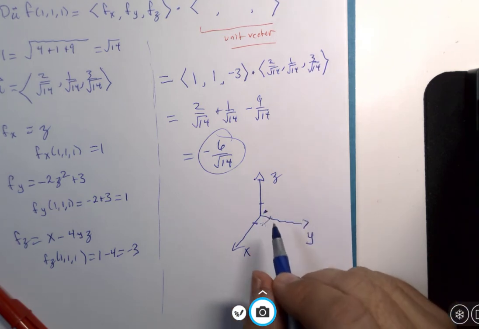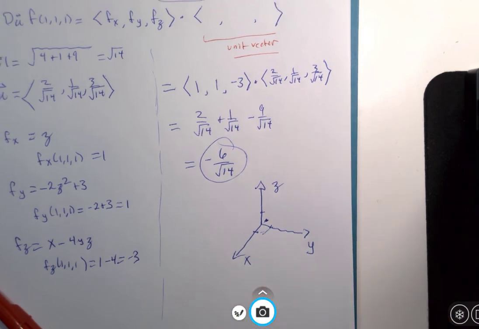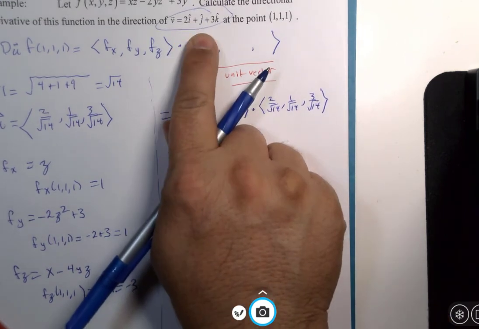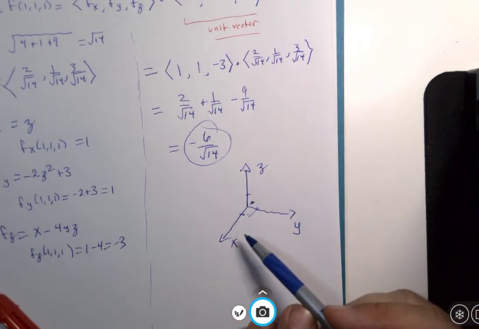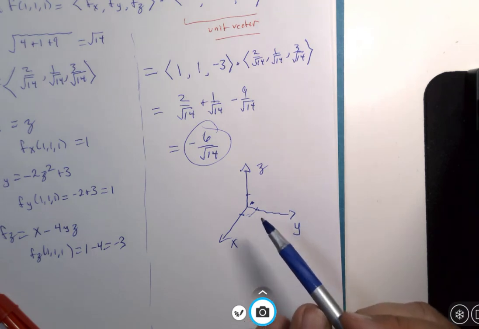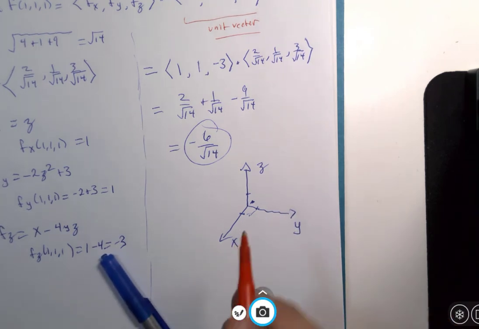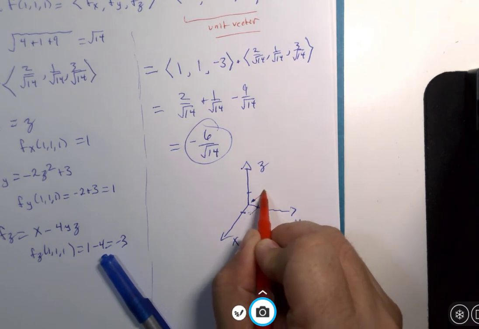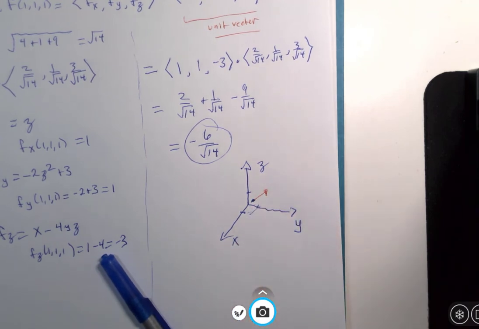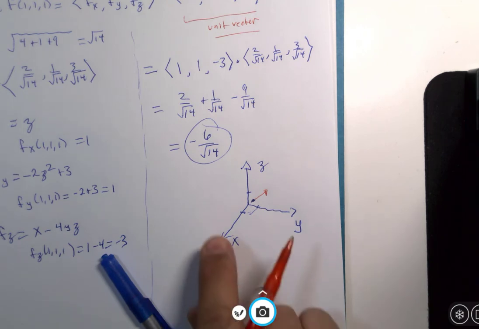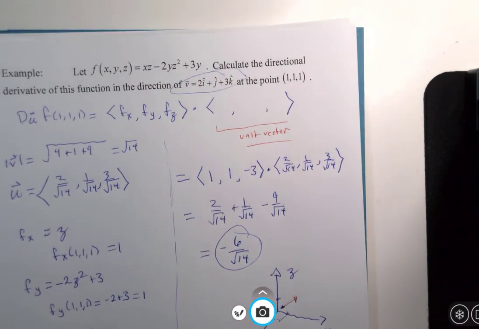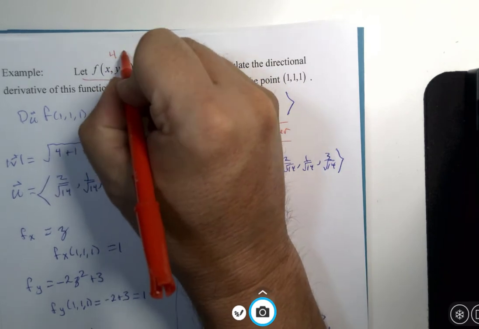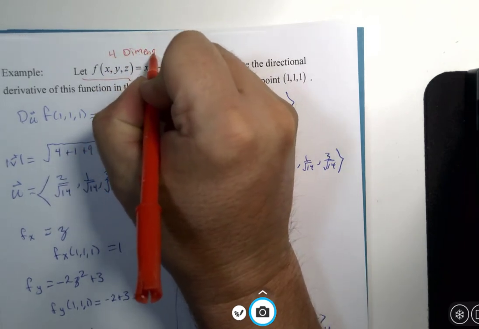Now, from that point, I want you to aim in the direction of 2, 1, 3. 2 units in the x direction, 1 unit in the y direction, 3 units in the z direction. So maybe it looks something like this, and make a unit vector. What we're saying is that this number represents a 4th dimension. This is a 4-dimensional problem.